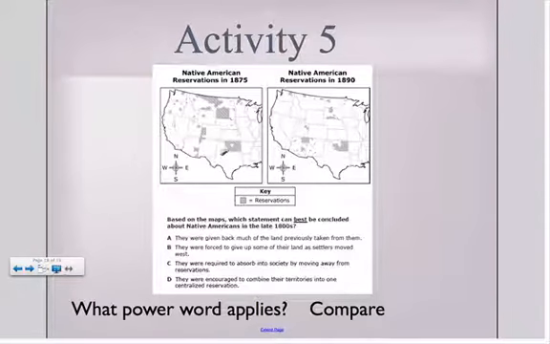Hopefully you got that, noticing that you are looking at these two maps to come up with a conclusion. You're comparing them to come up with what the answer could be. Not bad. Contrast would work here as well, but it's more comparison because I'm looking at these two, looking at where they are alike, and that helps me determine a conclusion.